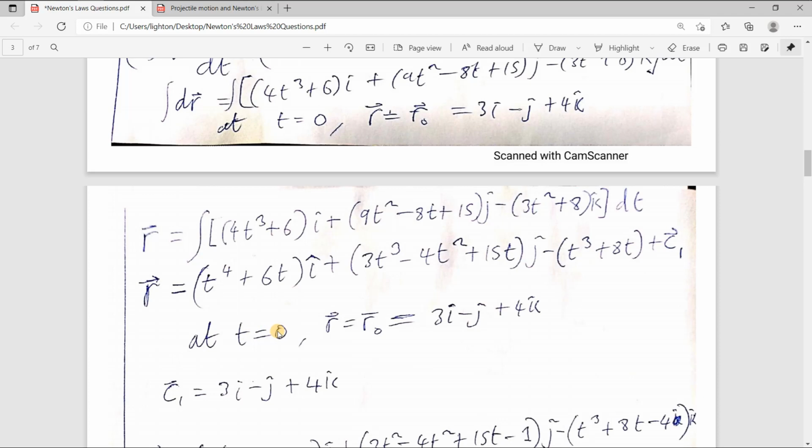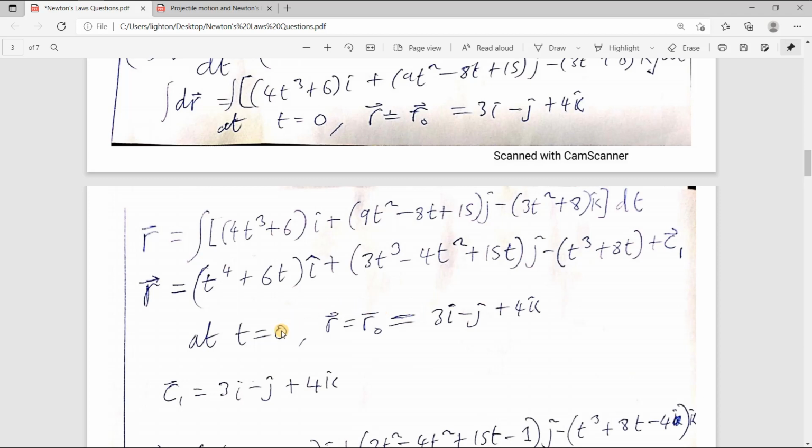So at t equals 0, r is equal to r naught, and r naught is just 3i minus j plus 4k. This is something which has been given already.